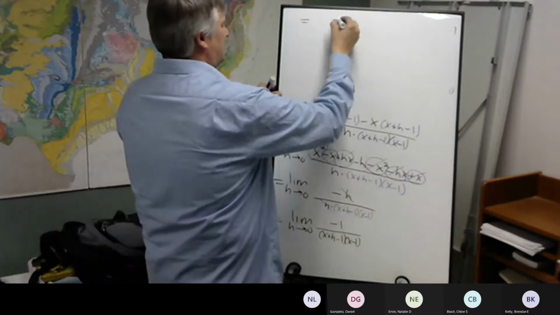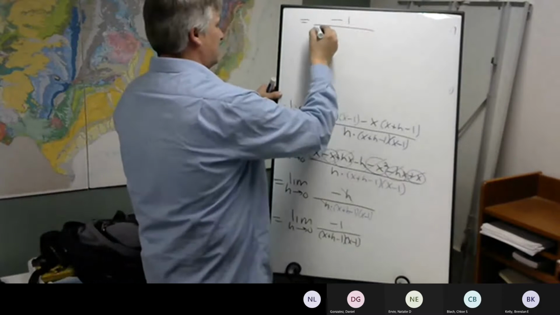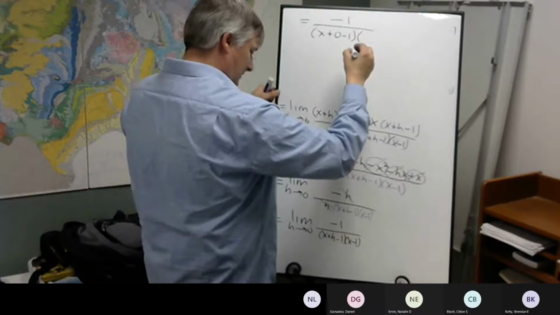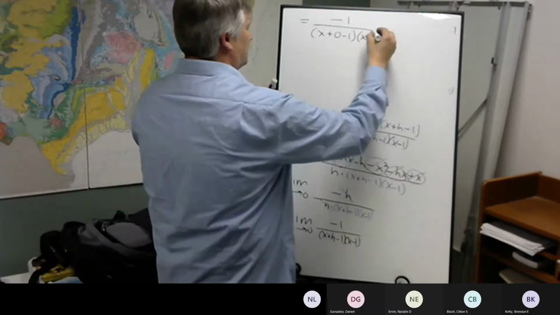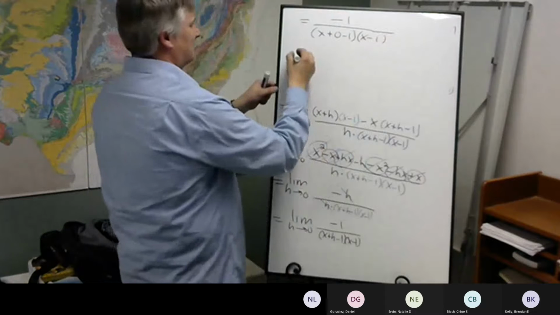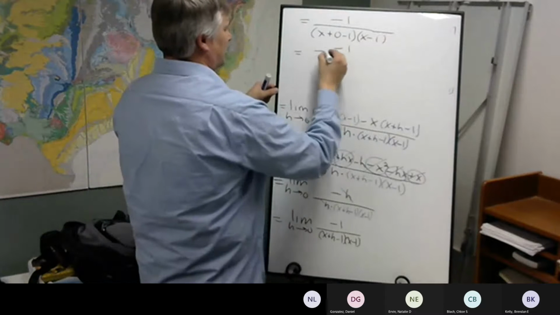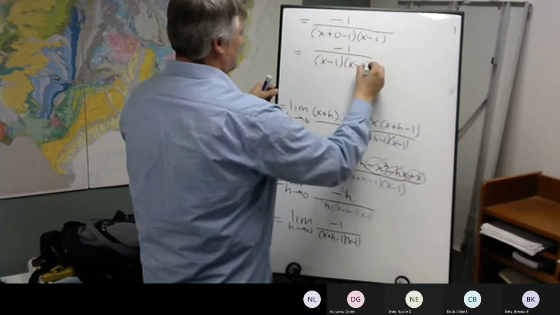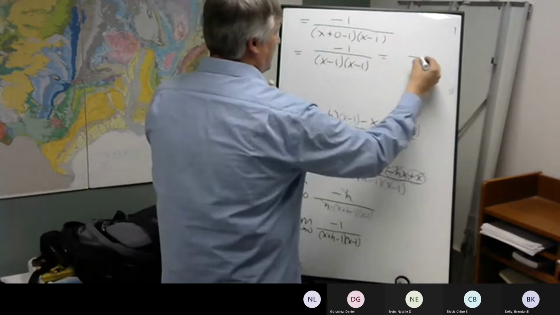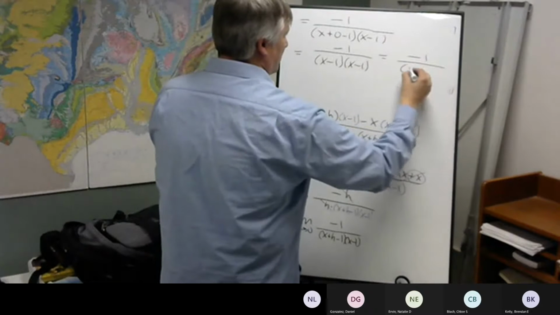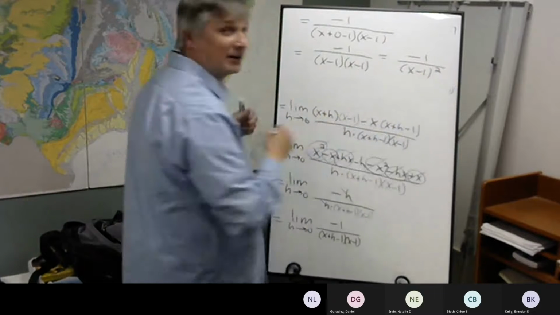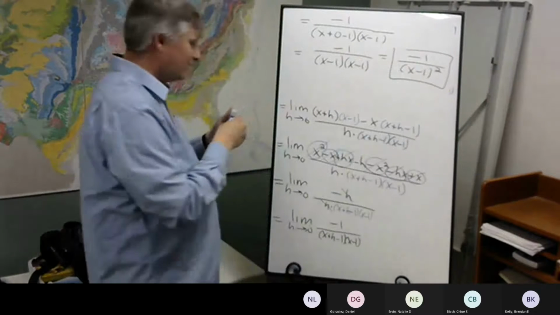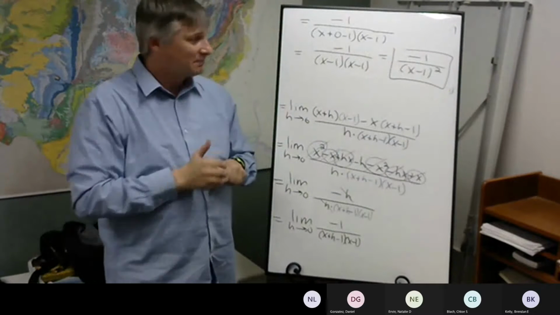So we're going to say this is equal to negative 1 over x plus 0 minus 1 times x minus 1. And this will be negative 1 over x minus 1 squared. And that's going to be our answer.